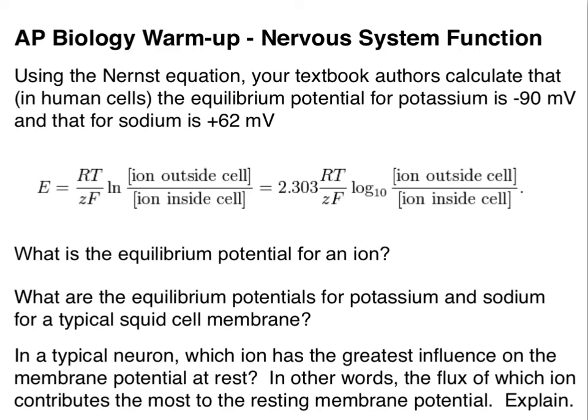This is going to be really important to us when we begin to explore action potentials, because there's not surprisingly going to be points along the action potential, or the propagation of the action potential, in which we reach equilibrium potentials, in which there's no net movement of a particular ion across the membrane.